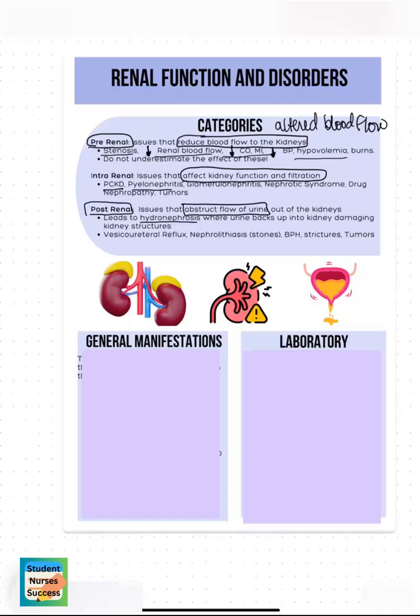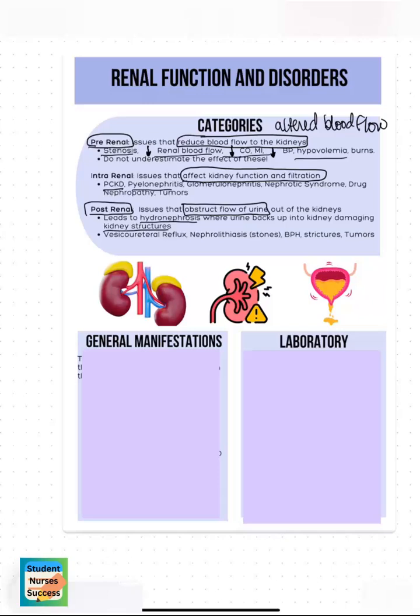That swelling or hydronephrosis actually starts to crush and damage the kidney structures. Things like vesicoureteral reflux, nephrolithiasis or stones, benign prostatic hypertrophy, maybe urethral strictures, and tumors can also cause these issues.